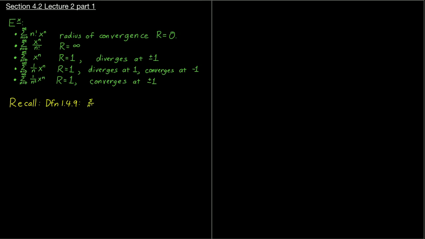We say that this series, not a power series since it's from section 1.4, just an arbitrary series, and maybe I'll call the coefficients Bn instead of An, converges absolutely if the series of absolute values converges.